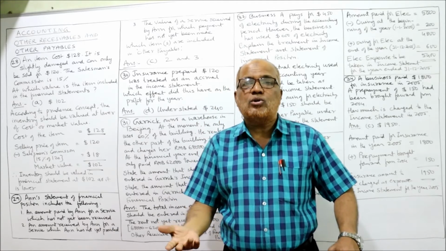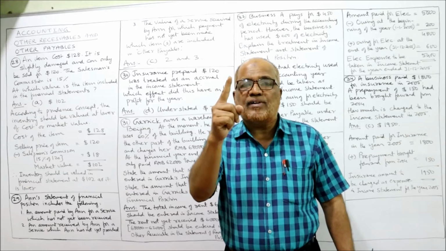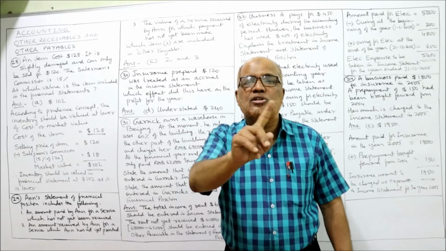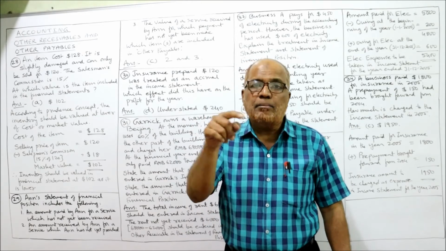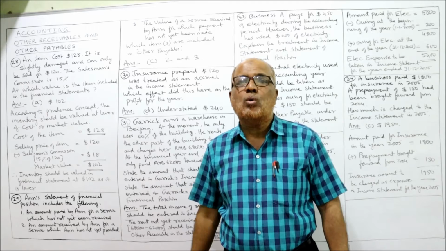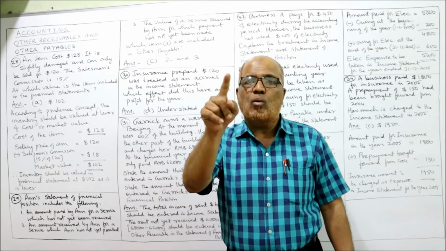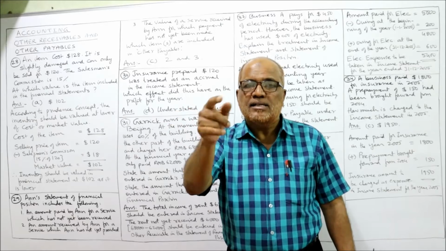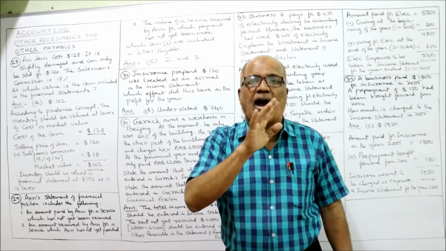By how much amount? 2 mistakes are there. The first mistake is $120 should have been deducted, but it is not deducted. The second mistake is $120 were added as owing. So 2 mistakes: 120 prepayment not deducted, and second, by mistake owing added.